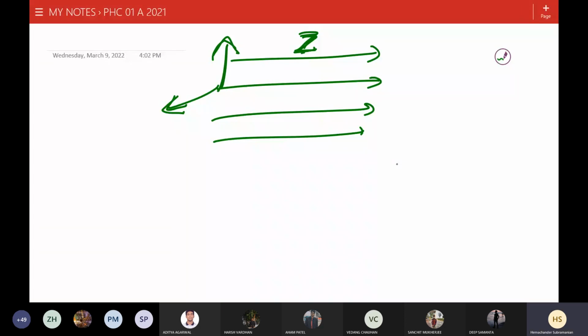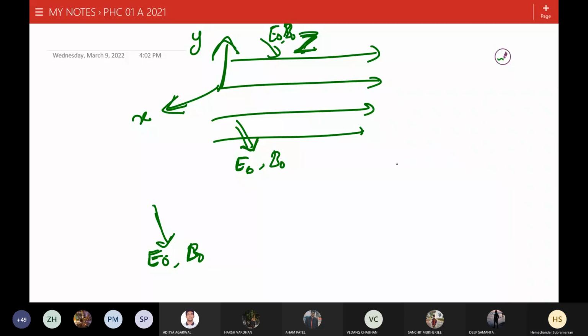What that means is that if there is an electric field vector E naught somewhere here, then 10 kilometers away along the x direction there is the same electric field vector E naught, and along the y direction, the same electric field vector E naught. The electric field and the magnetic field do not change along x and y.